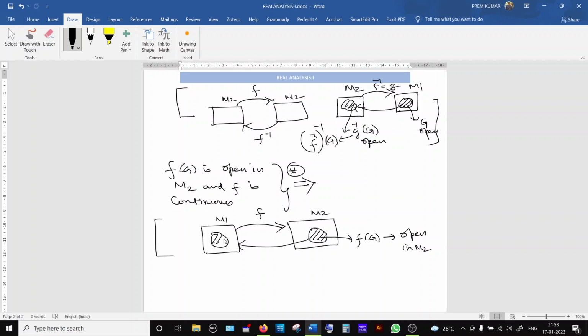Suppose this is f of G, already marked. What is the inverse image of this?